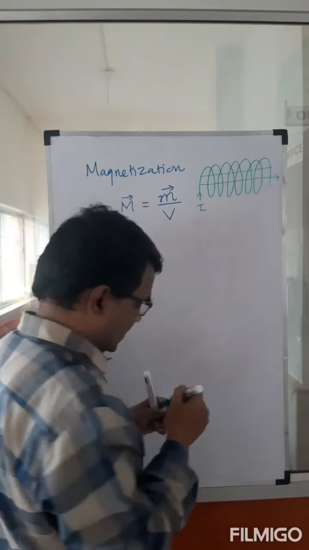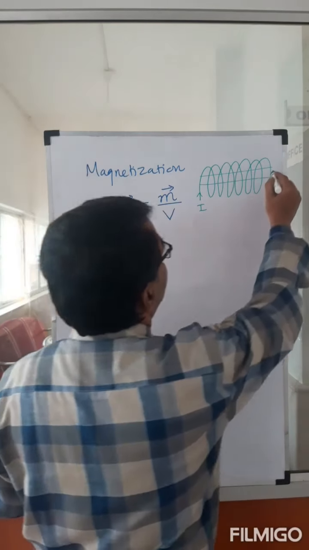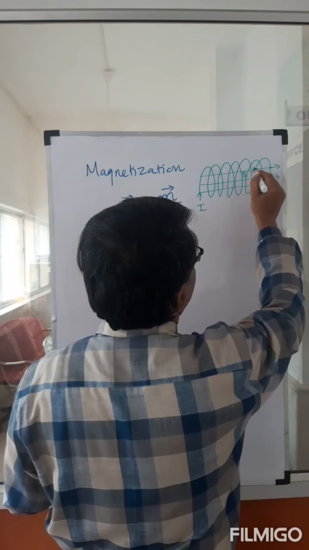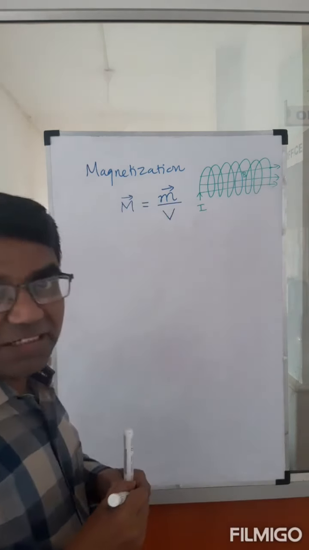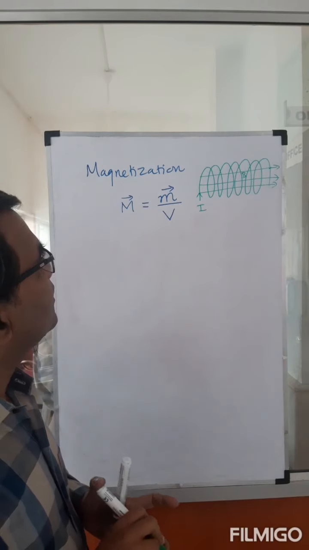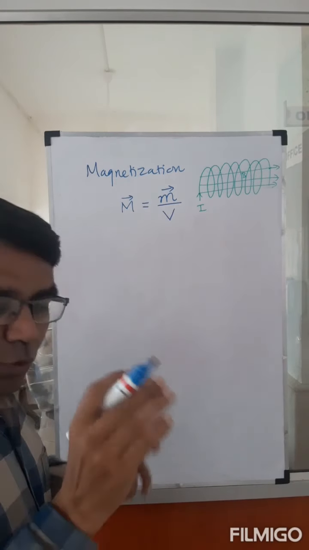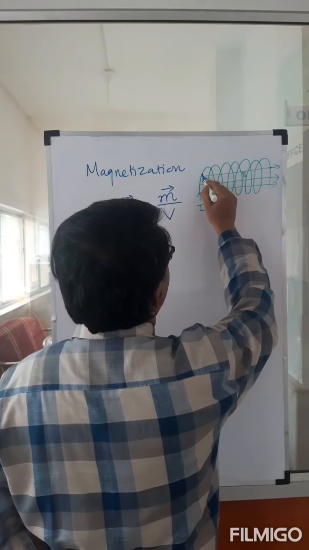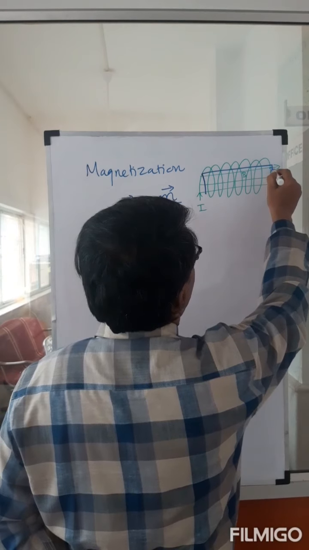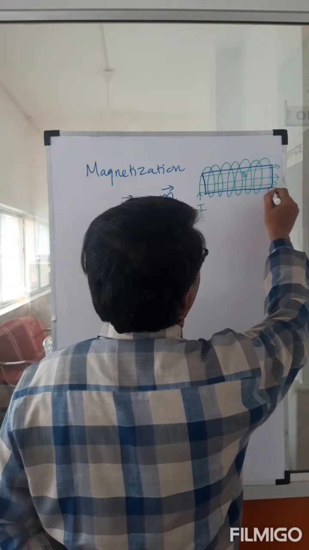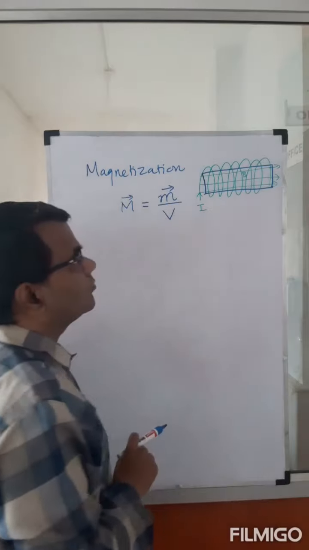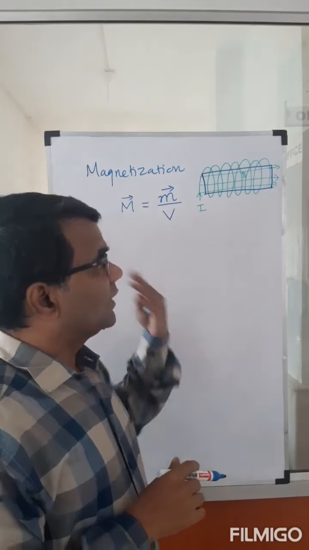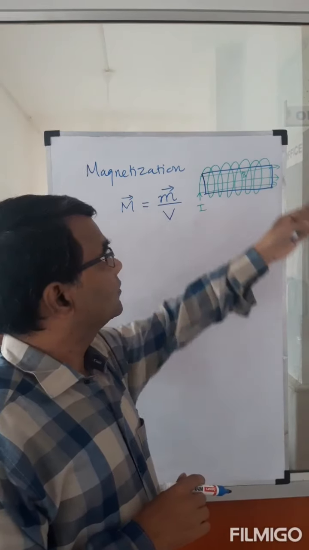The field B will be set up inside the coil. Now I am going to keep a material inside this solenoid. Then that will get magnetized, and it will align with this field, for the most part.